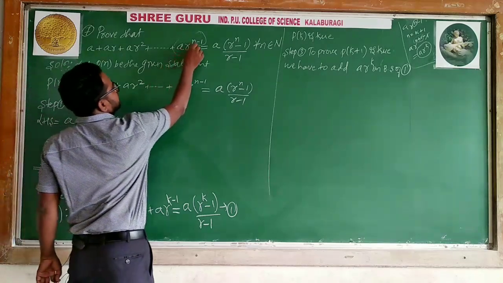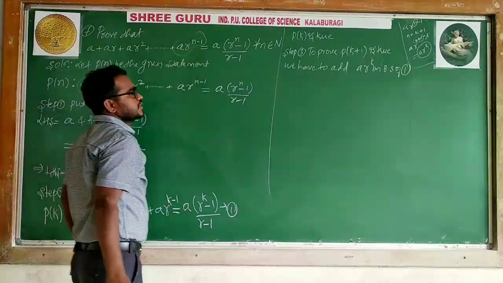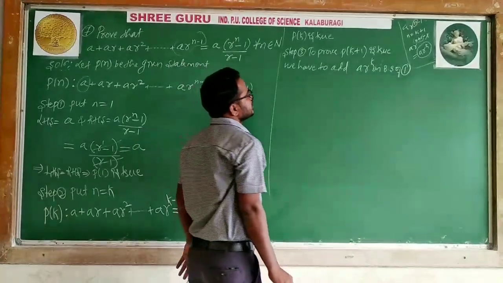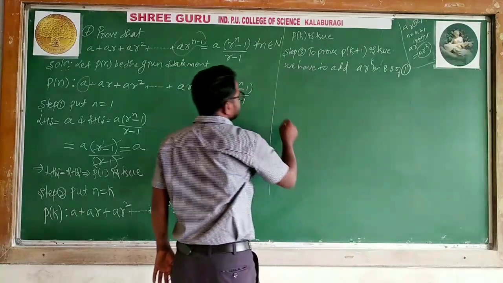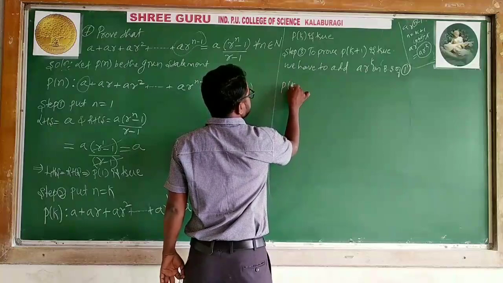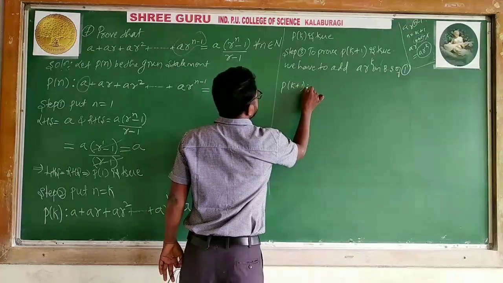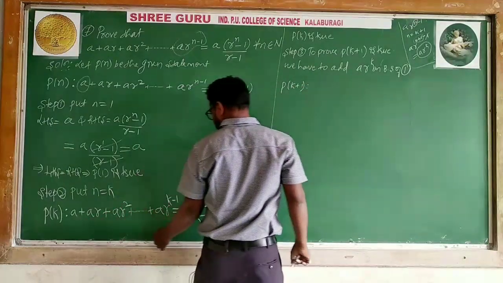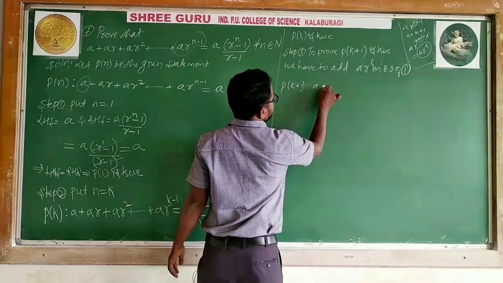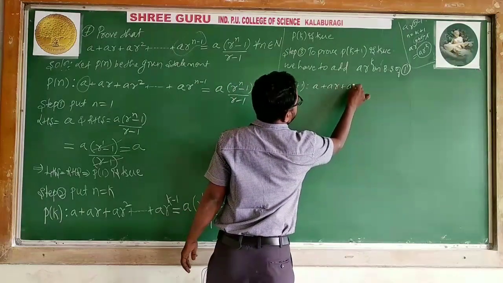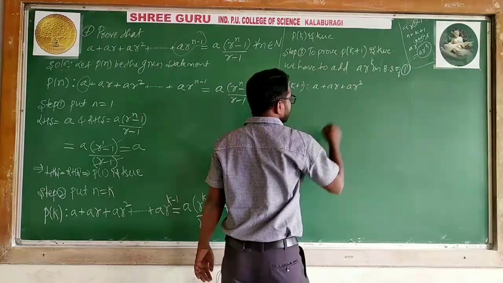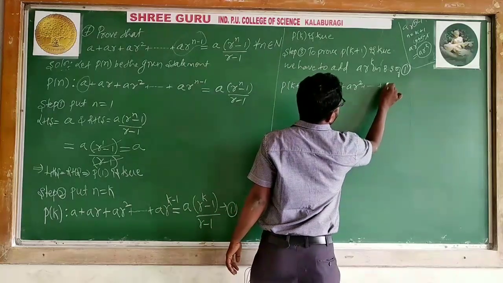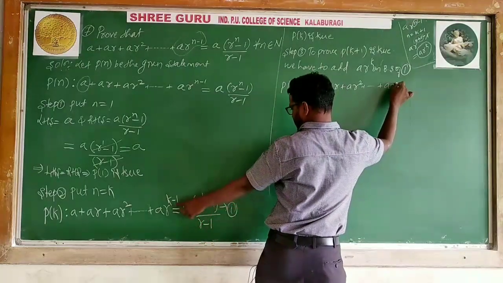It is based on a r to the power n minus 1, with n replaced by k plus 1, so minus 1 and plus 1 cancel, giving a r to the power k. I will write now P of k plus 1. What is the first term? Equation 1: a plus ar plus ar square plus so on up to a r to the power k minus 1.